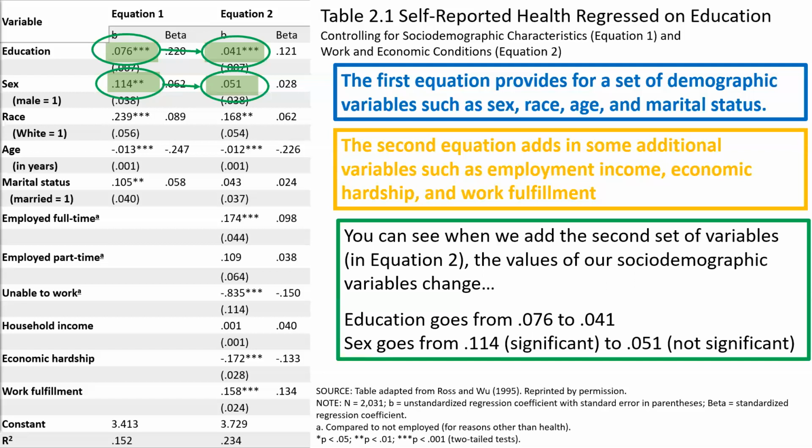At the bottom, you can see that when we add this second set of variables, the values in our socio-demographic variables change. Education goes from 0.076 to 0.041, for example, and sex goes from 0.114 and being statistically significant to 0.051 and no longer significant.